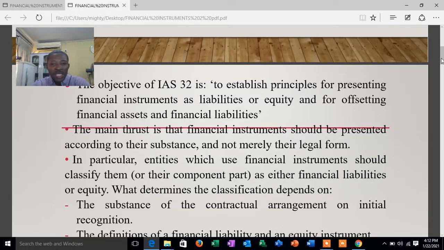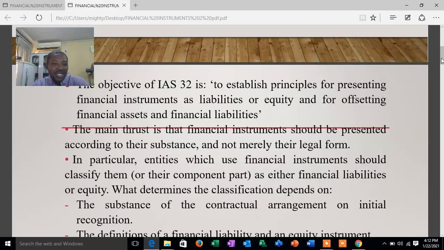Let me be quick to say that, for instance, there is a particular transaction and this is the legal description. For instance, you have your share. By legal classification, or in terms of legal form, a share is an equity. But depending on the circumstances, depending on certain conditions, that share can be classified as a liability.